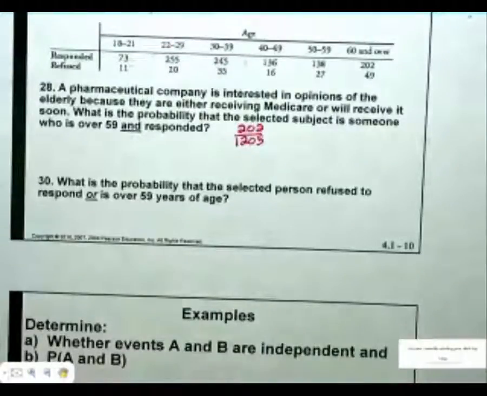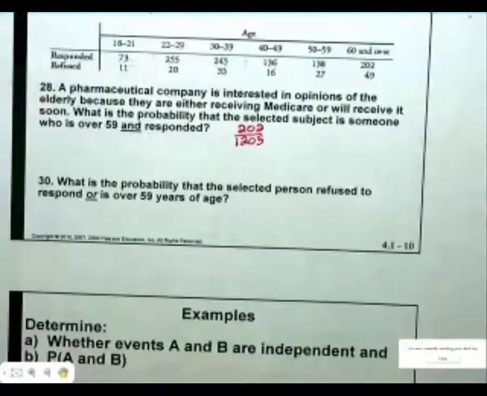The whole bottom row. Okay, but that's not the question I asked, though. I asked, what do we need to know? Somebody said the number that refused to respond. Well, all of those guys on the bottom row refused to respond.